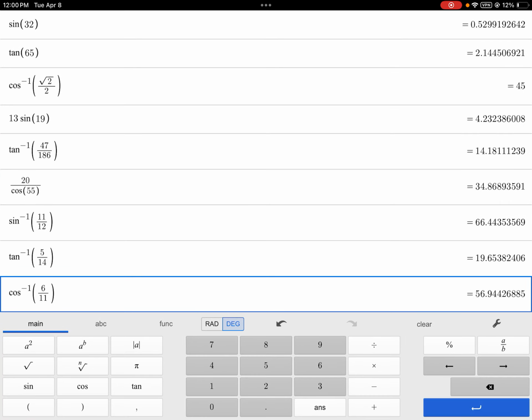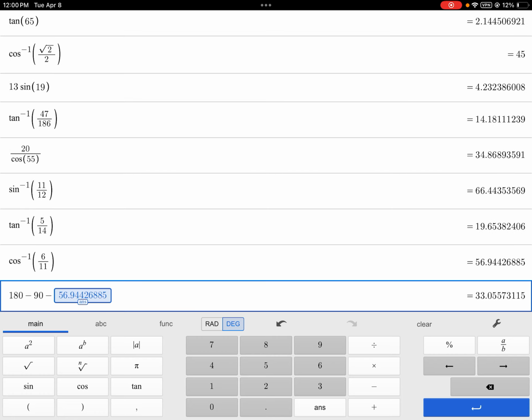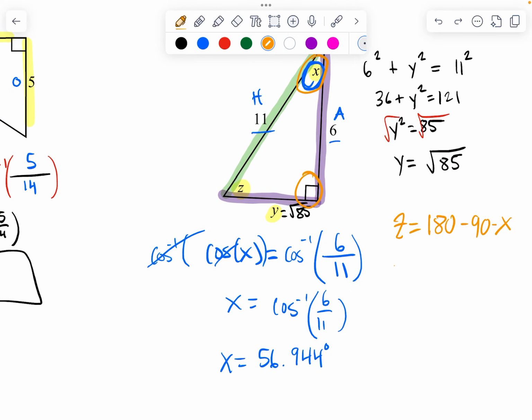All right? Now I would recommend don't use the rounded value. It actually won't matter here because we're working with just one last calculation and subtraction. But it wouldn't hurt to use the whole thing. So 33.056 will be the value of z.